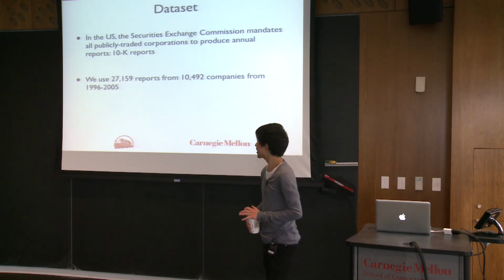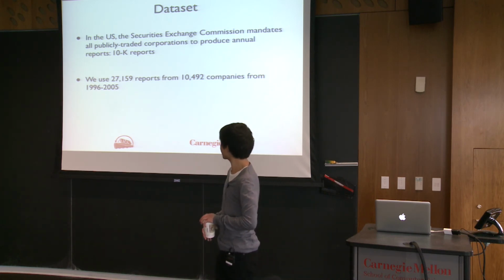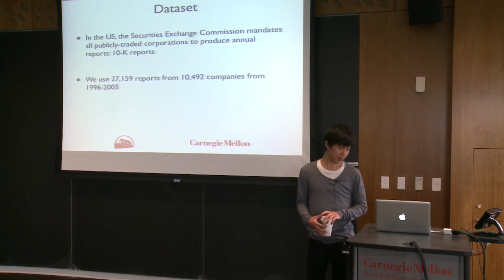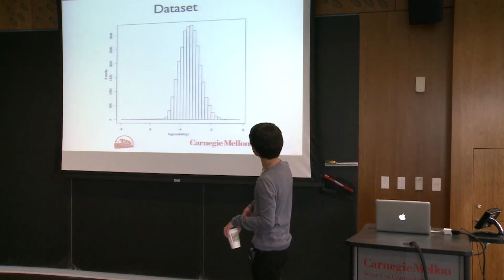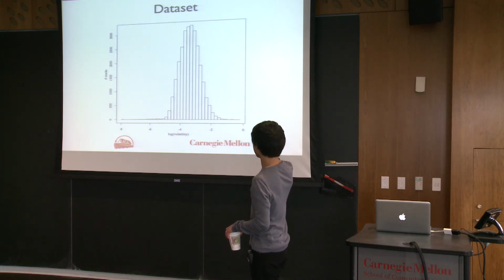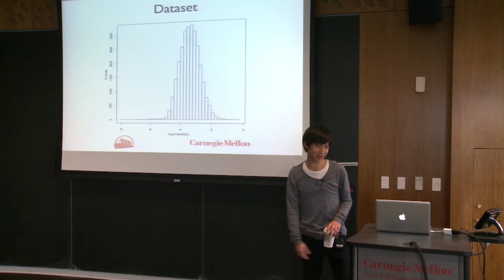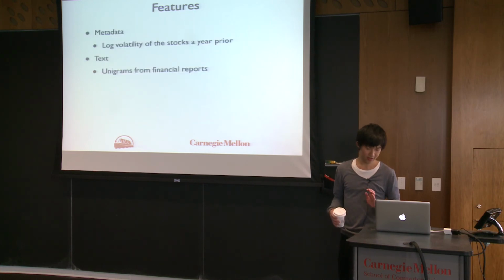For this task, we have a data set of about 27,000 reports from 1996 to 2005. And this is the distribution of log volatility. We can see here it's pretty nice. It looks close to a normal distribution in the log space. So we're going to do regression here.